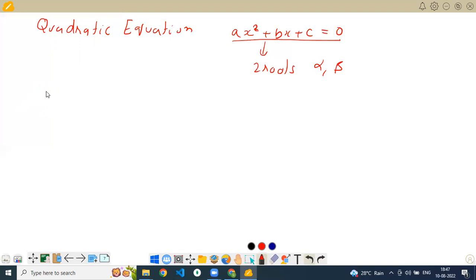Similarly, after quadratic equation, there is another chapter known as sequence and series. And you study three types of sequences here. One is AP, arithmetic progression. Another is GP, geometric progression. Another is HP, harmonic progression.